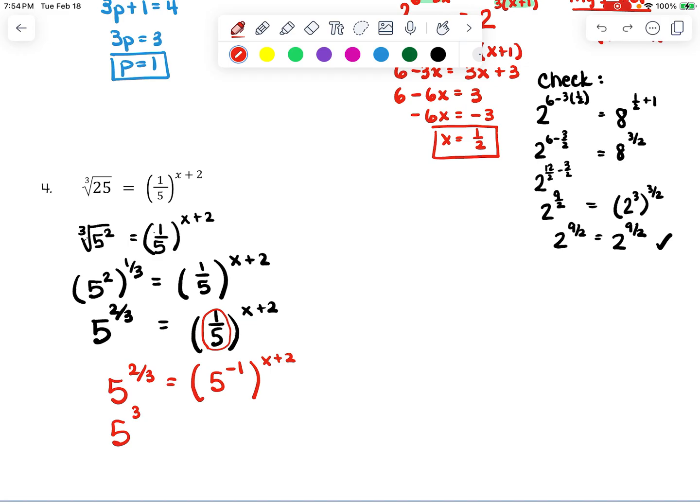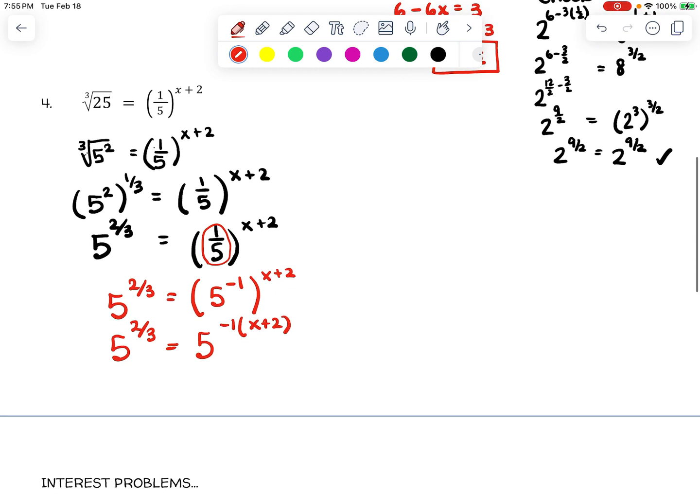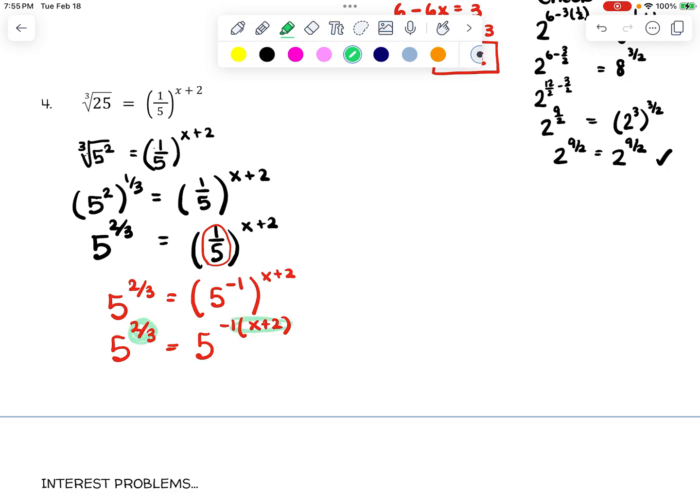Whoops, not 3/2, 2/3 is equal to 5 to the -1 times x plus 2. So now I have the same base. I can now set my exponents equal to one another. So 2/3 is equal to negative x minus 2.